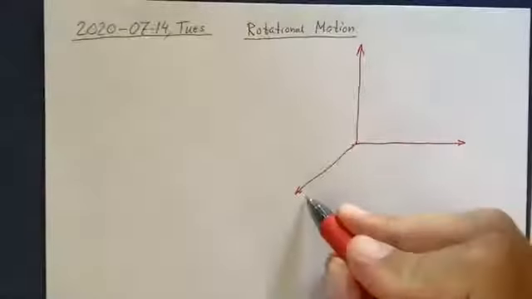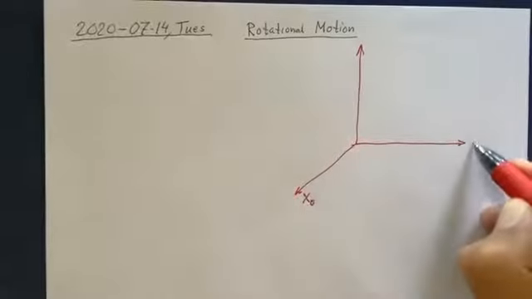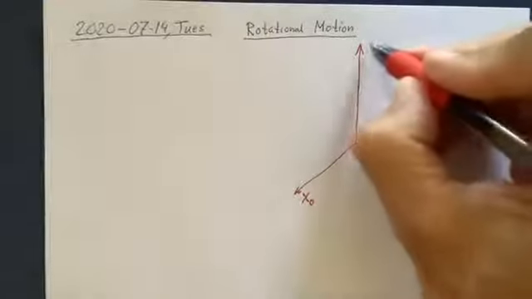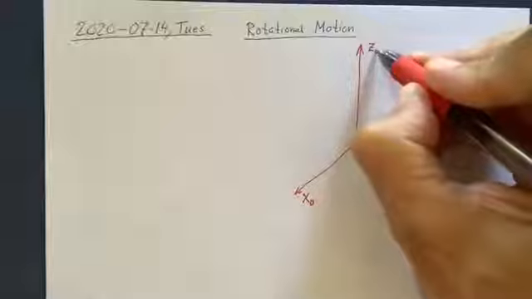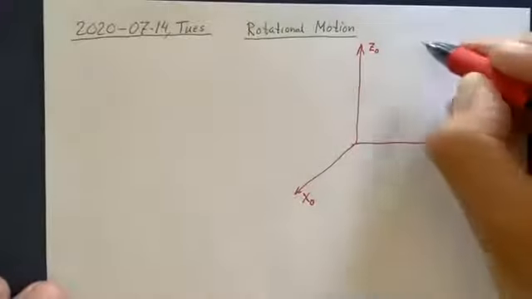Okay, X0. Okay, so once again, those are the coordinate axes for the S0 frame. That's the inertial frame.